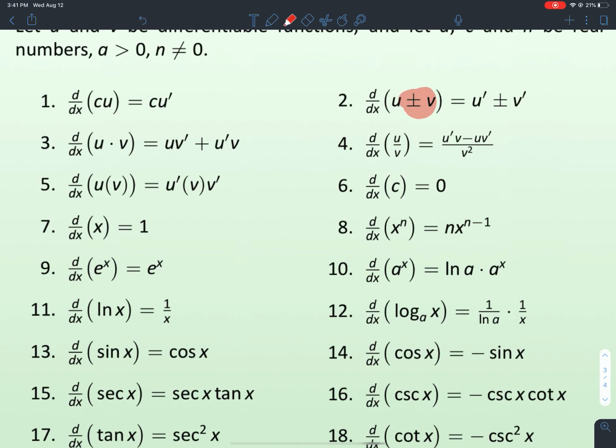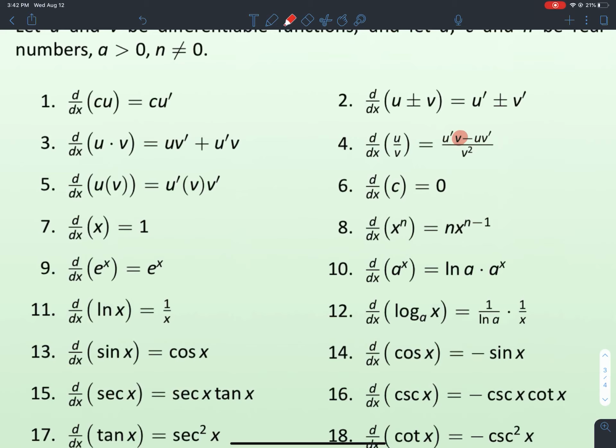Now, the sum and difference of functions' derivatives. The derivative of the sum is equal to the sum of the derivatives. That's what they're saying, plus or minus, so it could be the difference. Quotient rule: low d high minus high d low, all over low low.